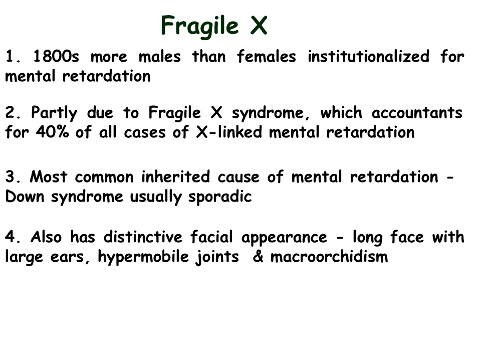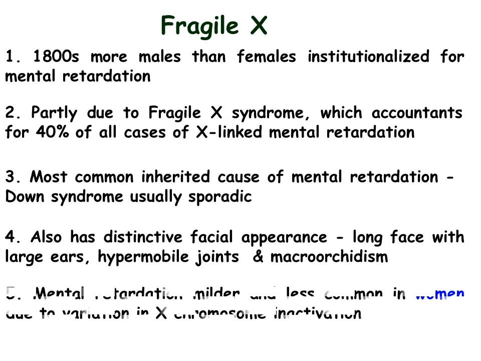But Fragile X, like Down, has a distinctive facial appearance. They've got a longer face, large ears, very hypermobile joints, and macroorchidism. Anyway, the mental retardation is milder than with Down syndrome and less common in women, and that's because it's on the X chromosome, and women are all a mosaic because the inactivation of the extra X chromosome is random.